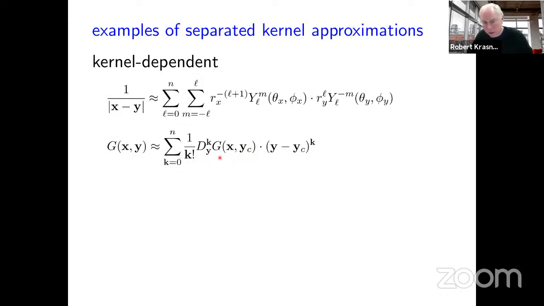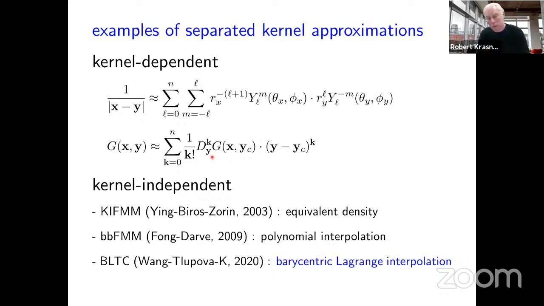Wewa and I used this in our original tree code for Tabi. But later on, people began to look at kernel independent approximations. So there was the kernel independent FMM, the black box FMM, and we've been developing a barycentric Lagrange tree code. It's based on barycentric Lagrange interpolation.